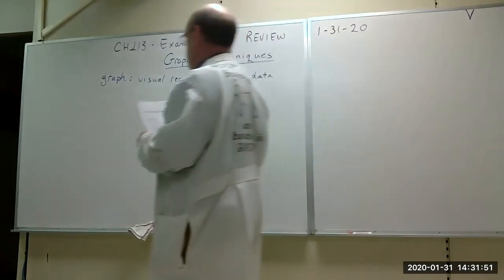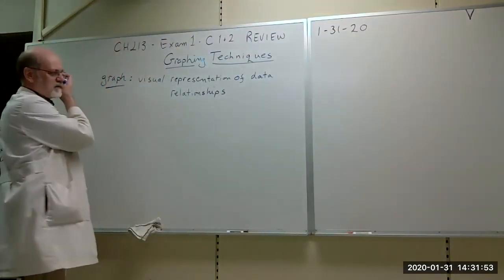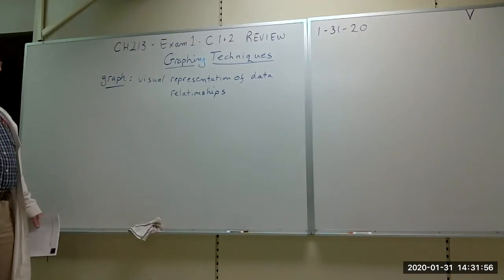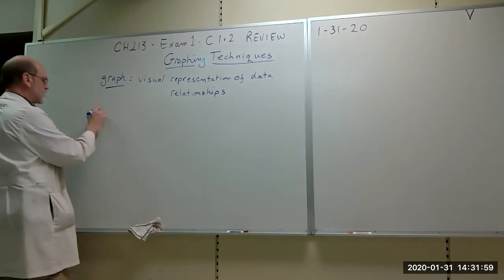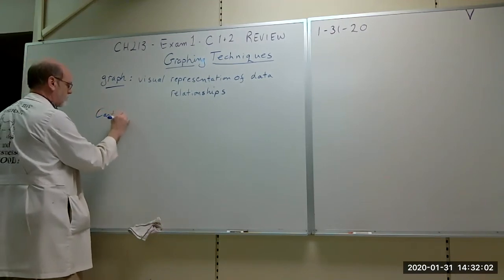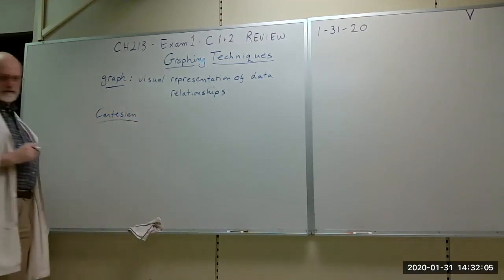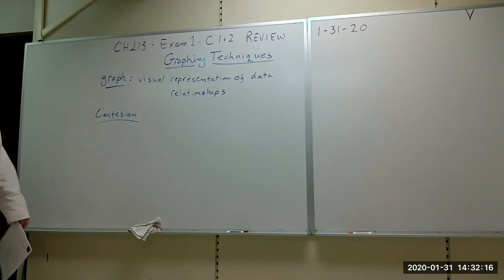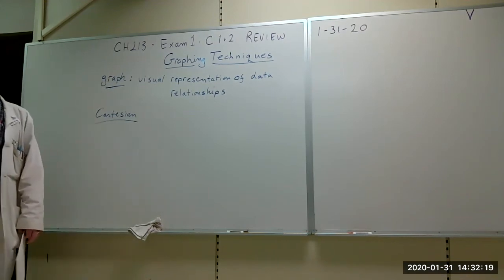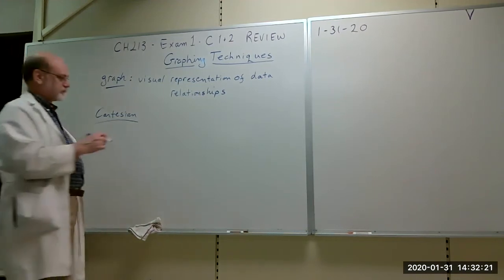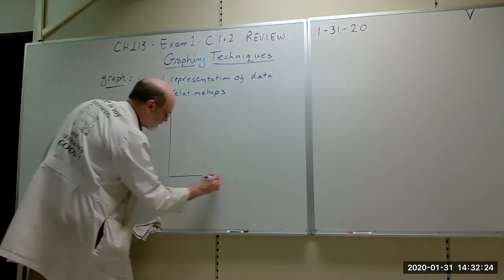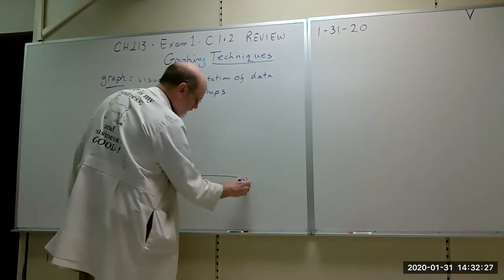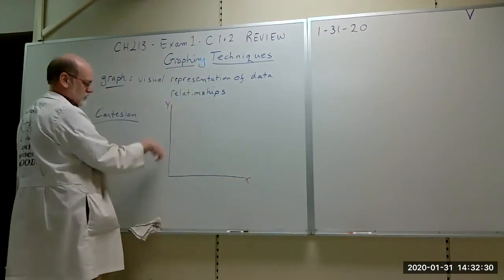So we're going to focus here in graphing on the Cartesian system. Has anybody had graphing in math class? Okay, good. That makes things so much easier. So the Cartesian system has two axes, and it's on a two-dimensional plane, right? You've got an abscissa down here, the x-axis, and an ordinate here, the y-axis.